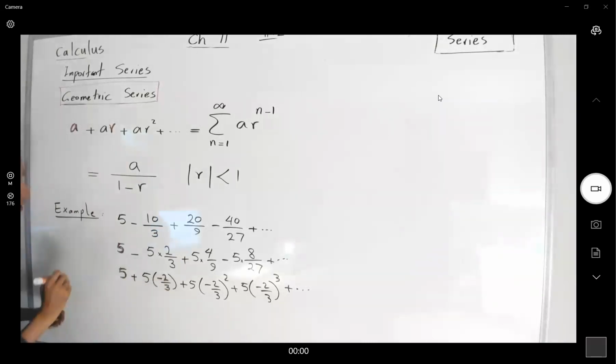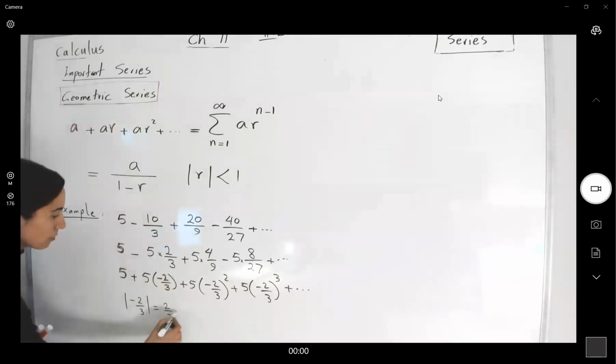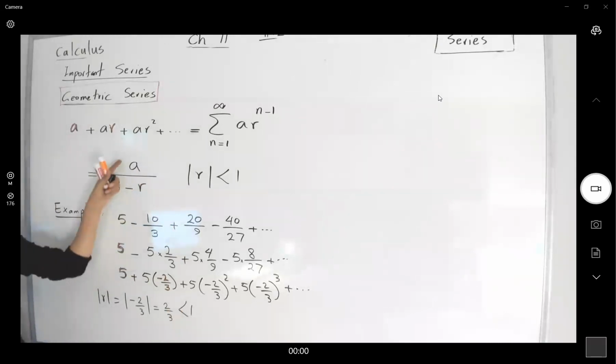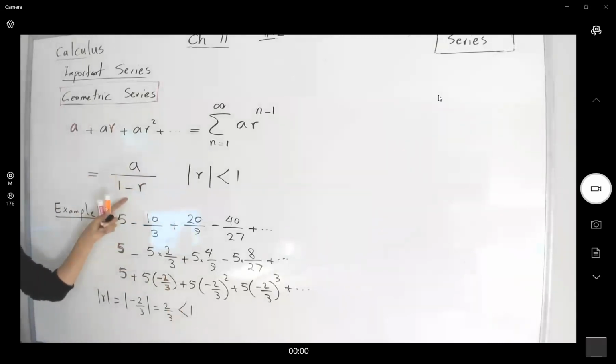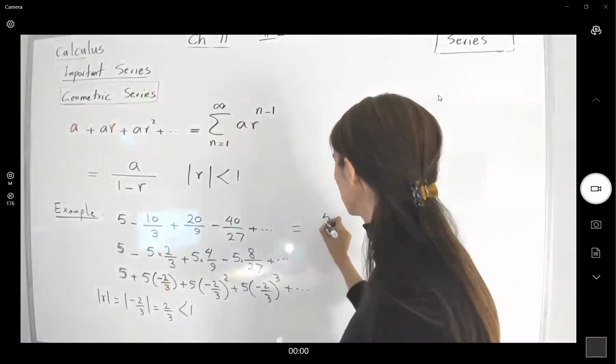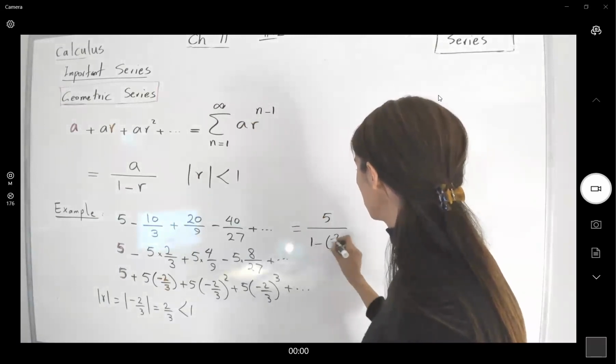As you can see, the absolute value of R is less than 1. The absolute value of negative 2/3 is 2/3, which is less than 1. So based on the definition of the geometric series, the sum is A divided by 1 minus R. This is equal to A, which is 5, divided by 1 minus negative 2/3.